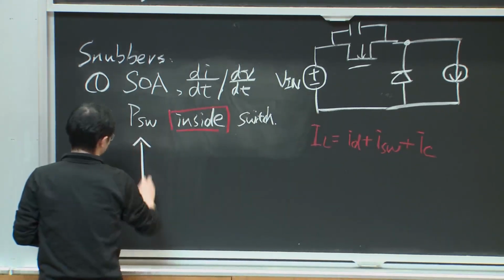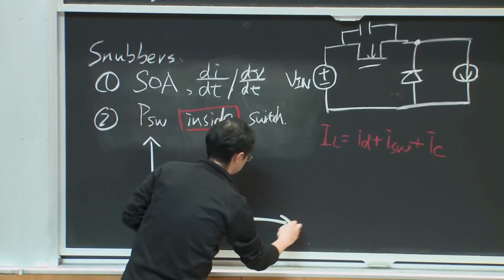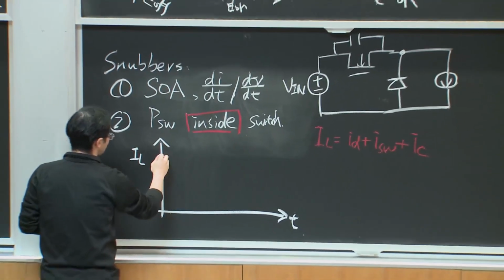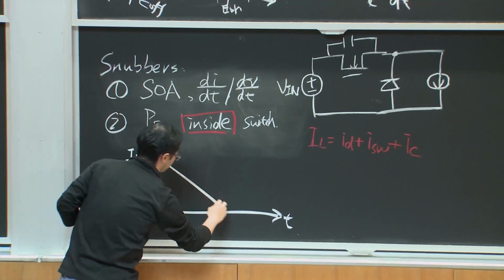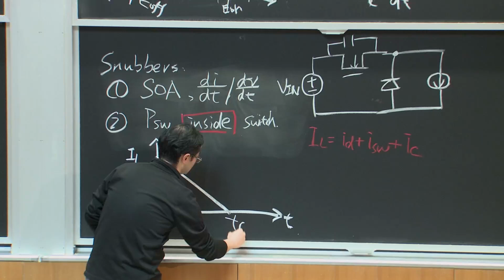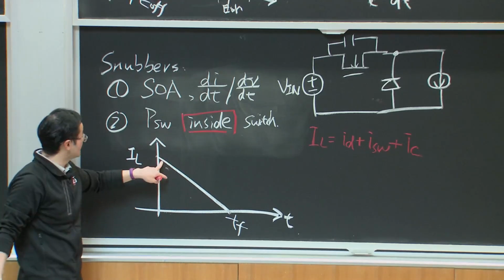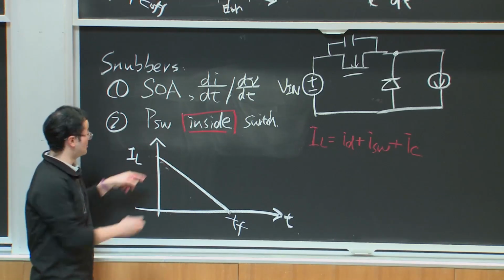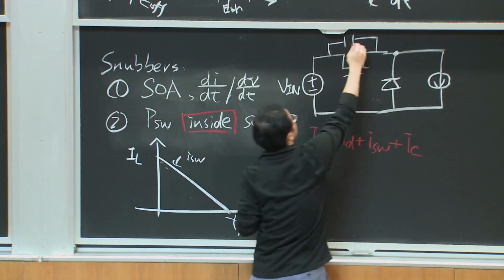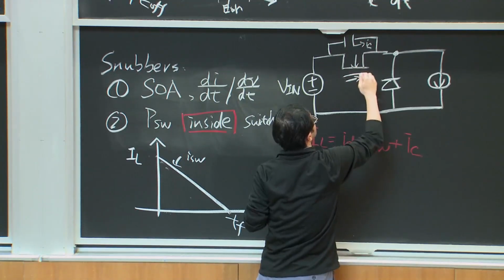So if we draw the IV curve for the switch current, we still assume that it will be a linear transition. And when the switch current decreases from IL, the capacitance current can conduct.